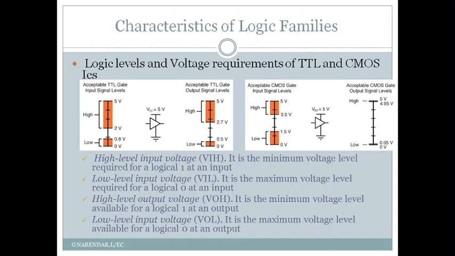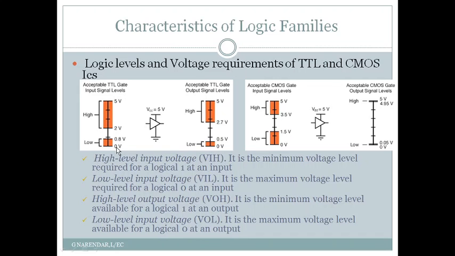So we look at the voltage requirements of the logic levels of TTL and CMOS ICs. Here you can see in the diagram the acceptable TTL gate input signal levels. We have chosen the supply voltage as 0 volts to 5 volts. In the ideal case, 5 volt represents logic 1 and 0 volt represents logic 0.